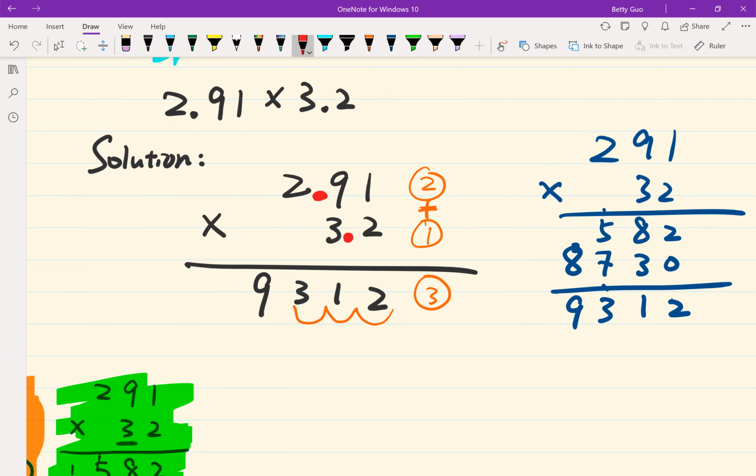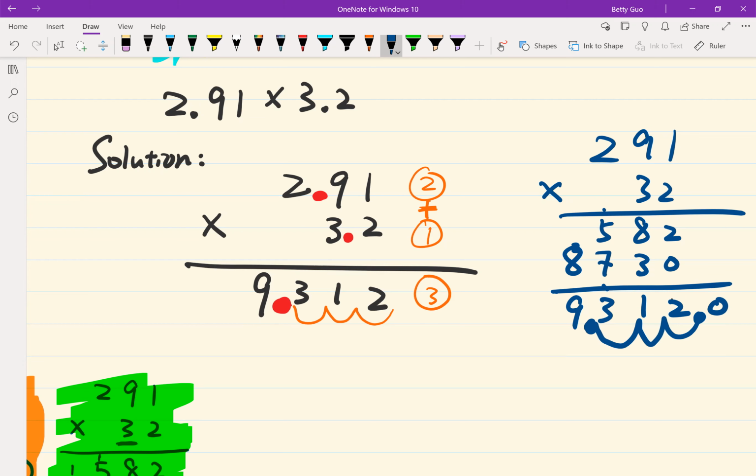The whole number 9,312 is actually 9,312.0. And then we move the decimal point to the left 3 times. We get 9.312. That's the answer.